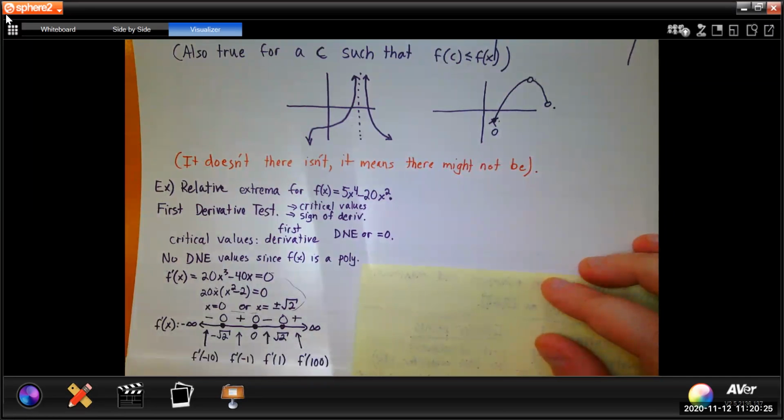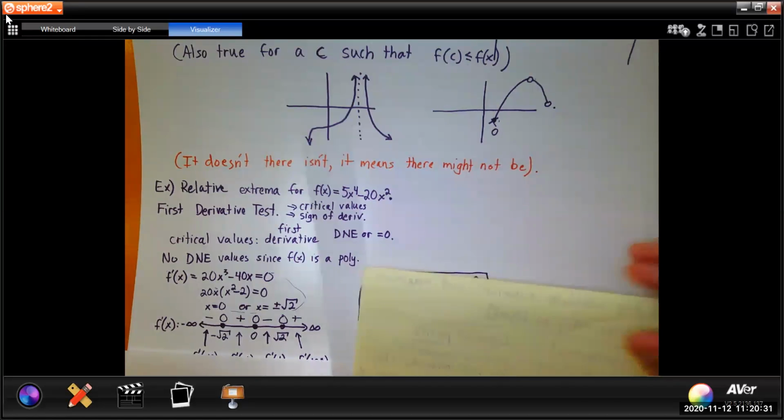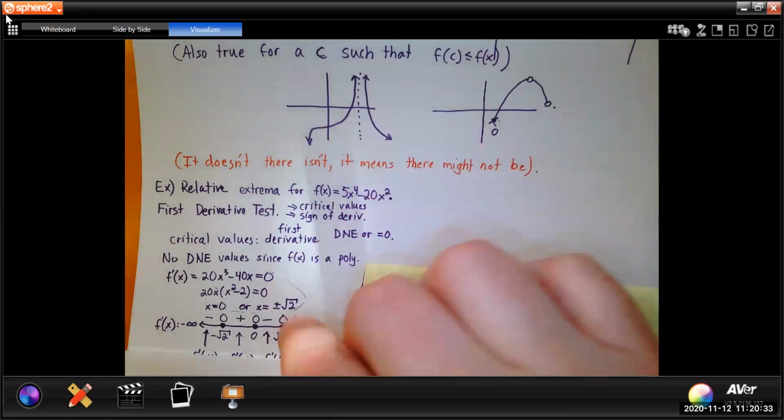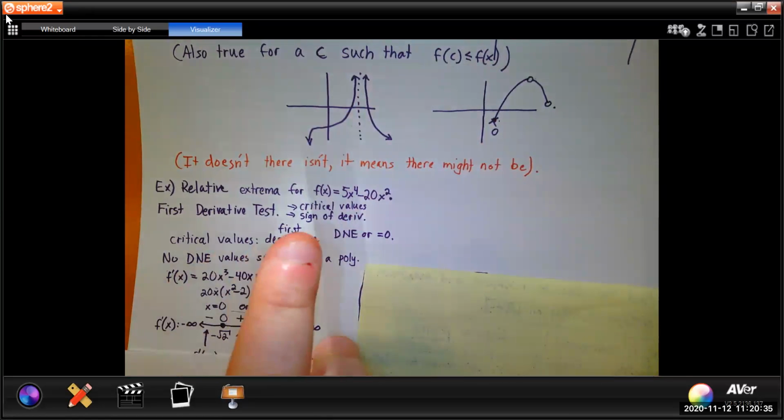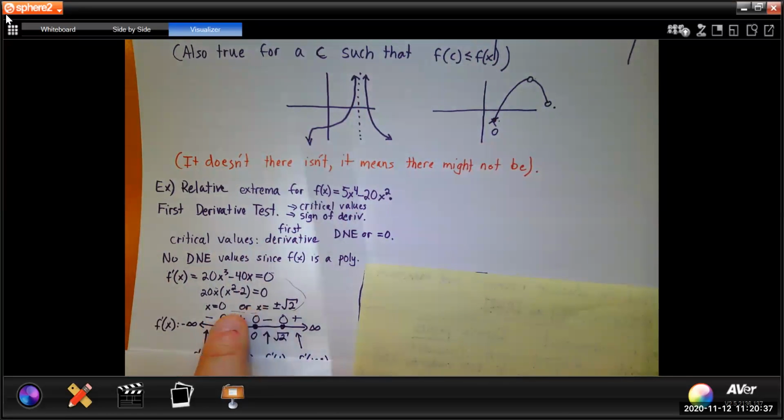But what we're completely interested in is the sign of the first derivative everywhere, especially around those critical values. So for f prime of x, I don't have a specific interval, so I know I'm going from negative infinity to infinity, and my three critical values of 0, negative root 2, and positive root 2 divide everything up into 4 intervals.